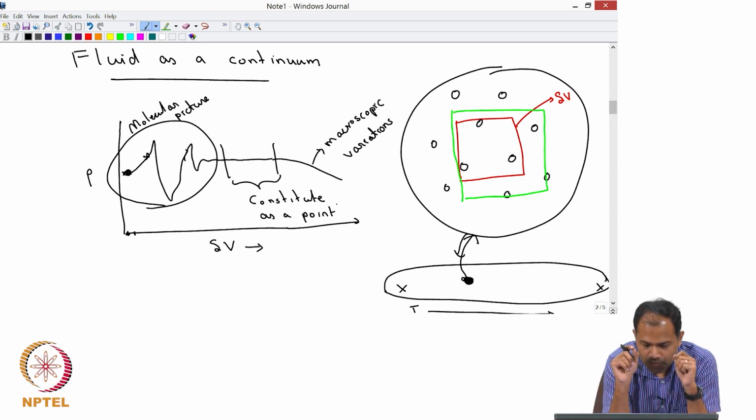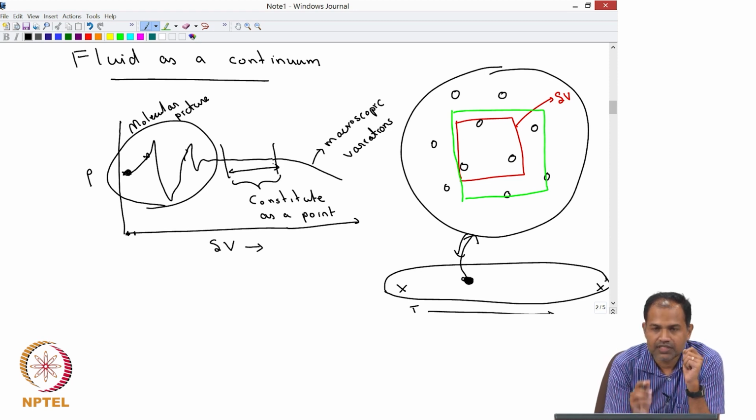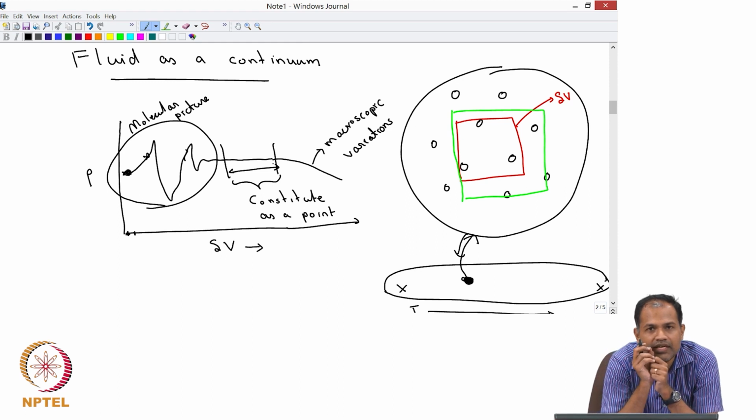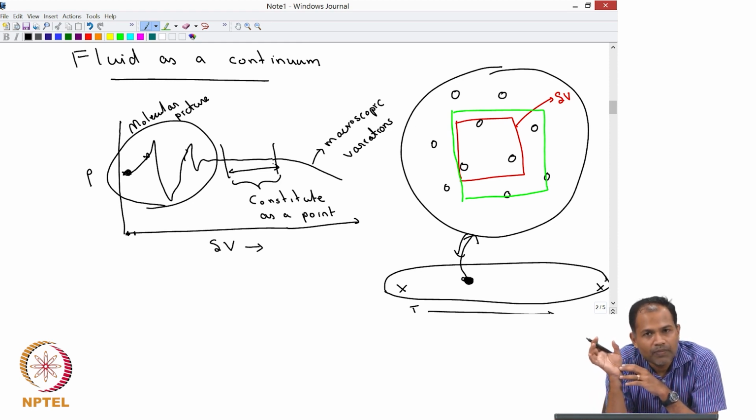That point basically is of this length such that at that point I can define a property to be constant. If I increase the volume of that point, then I am going to see macroscopic variations, but if I decrease the volume of that point, then I am going to see molecules.